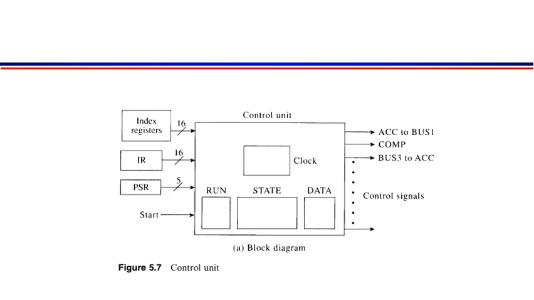So the figure is showing a block diagram of the control unit. There are three different inputs that are given to the control unit. These inputs are responsible to give data information about the instruction through the instruction register, and data from the index register is given from the index registers.